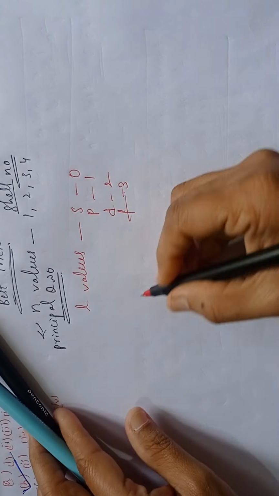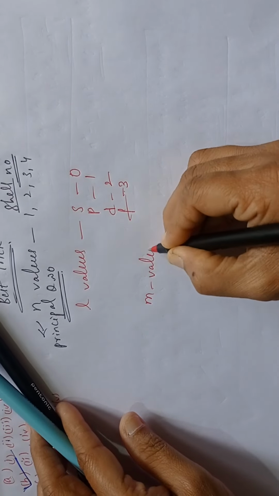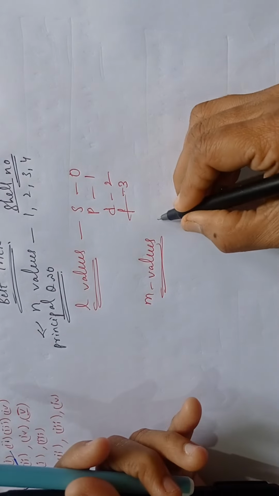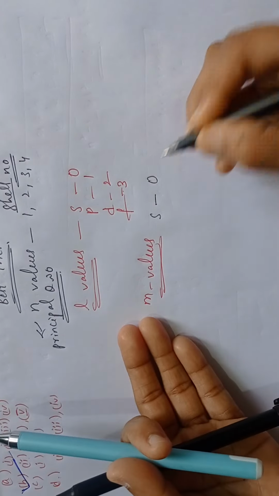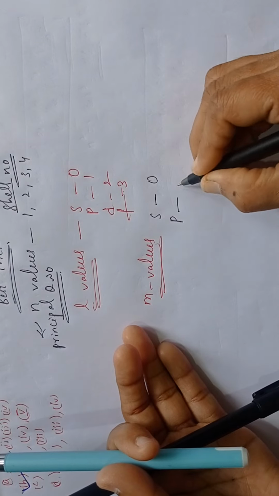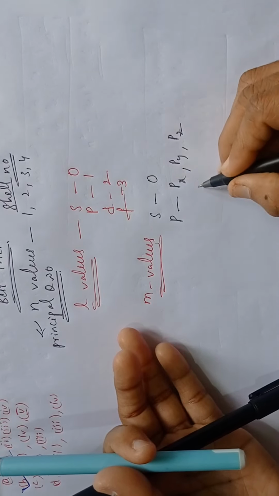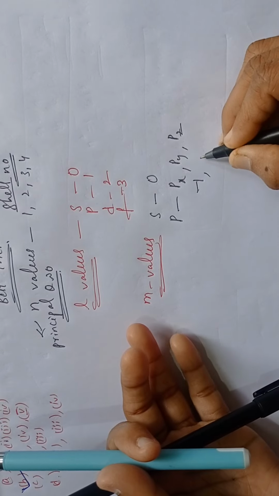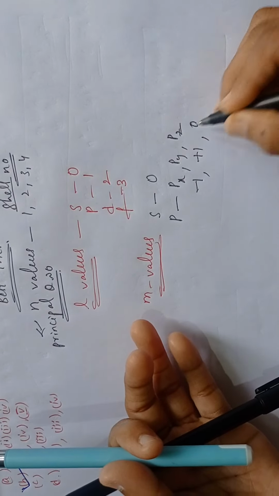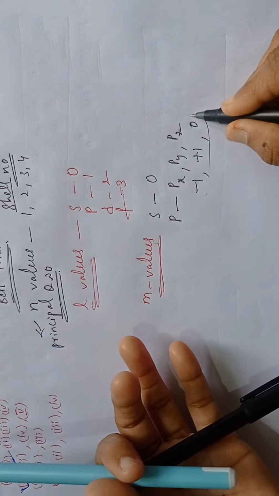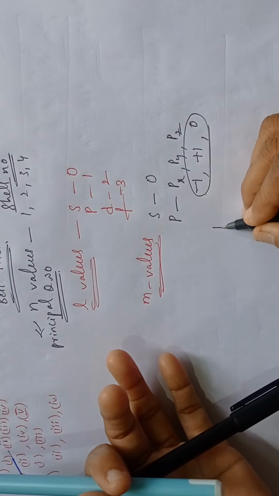Now coming to the m values. For the s subshell, the m value is 0. In the p subshell, px, py, pz, three are there. The values are -1, 0, +1. Just remember these values, students. Next, the d subshell.